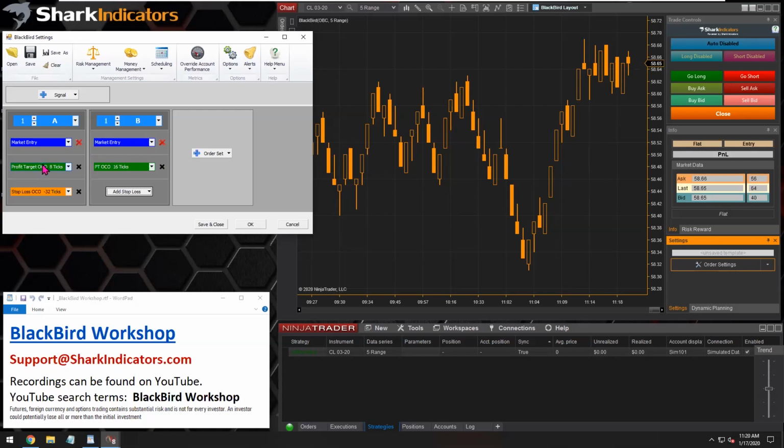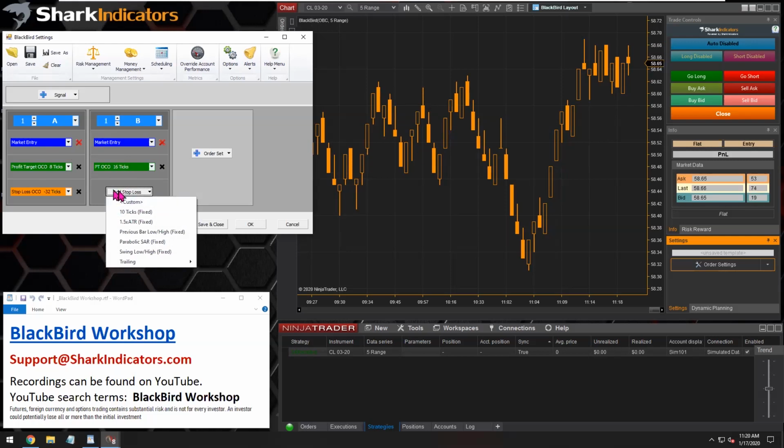So bringing the profit target for order A to the break-even point would actually create about an 8-tick profit. And order B's profit target would be about an 8-tick profit as well, since we're cost averaging into the trade.